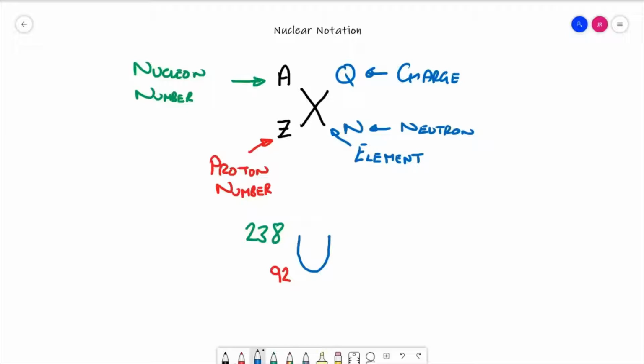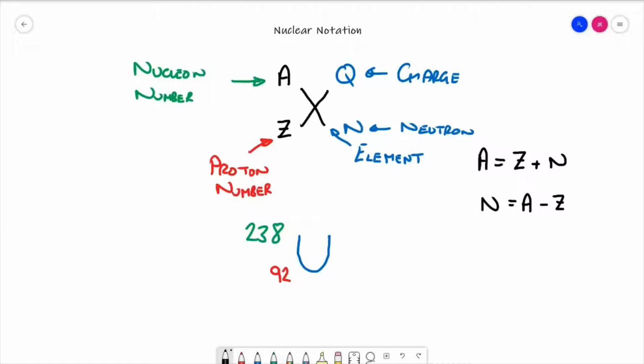We don't need to put the neutron number there because we can calculate the neutron number from the proton number and the nucleon number. Remember that because nucleons are a collective term for protons and neutrons, we can apply the equation A is equal to Z plus N. And you can rearrange that easily to say that N is equal to A minus Z in order to calculate how many neutrons there are in a particular nucleus.